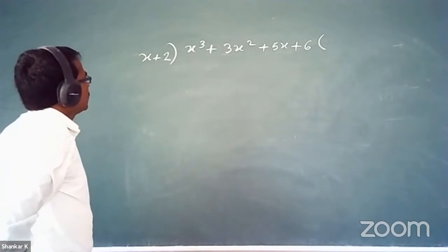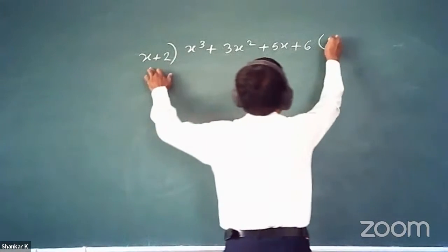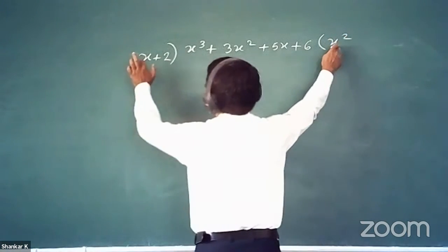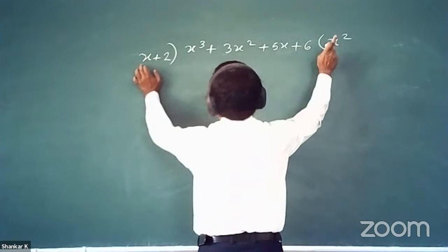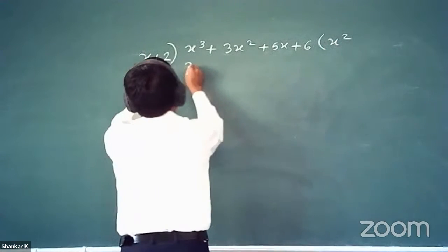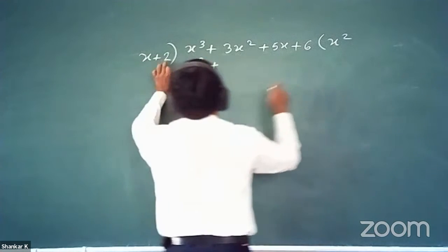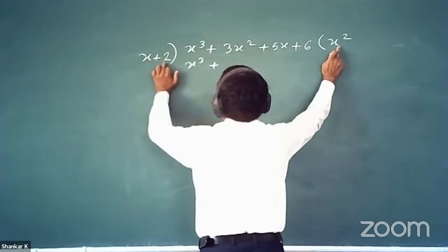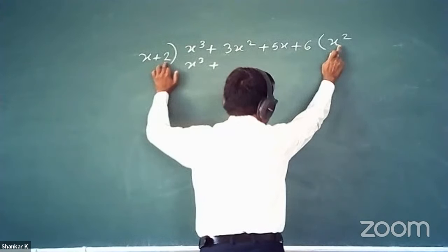By x square we have to multiply. x square into x cube, x cube plus 3 into x square, 2x square.